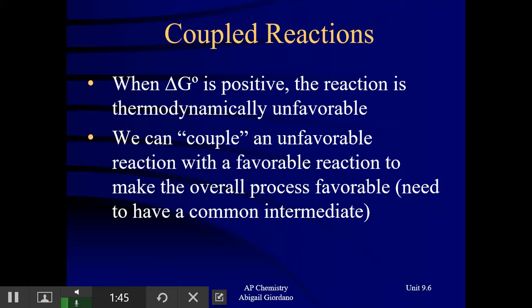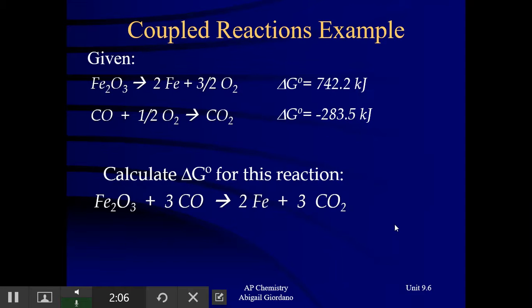We're going to see coupled reaction problems very often in the context of Hess's law, which we have seen before. We saw it back in Unit 6, and we revisited it a couple subunits back, but we're going to look at it again. So I want you to look at this example in front of you and focus on the two equations at the top. The first one is a decomposition of iron oxide, and look at its delta G value.